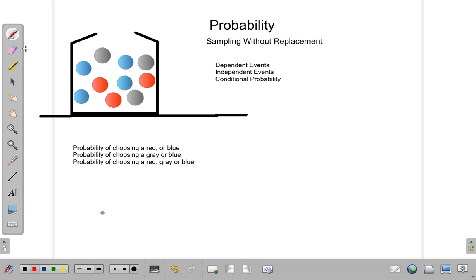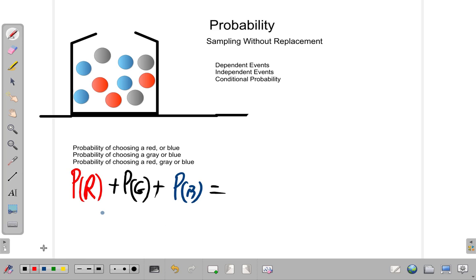The probability that you pick a red, or the probability that you pick a gray, or the probability that you pick a blue. This is going to be equal to the probability of you picking a red. You have 3 red out of 10. Or the probability that you pick a gray.